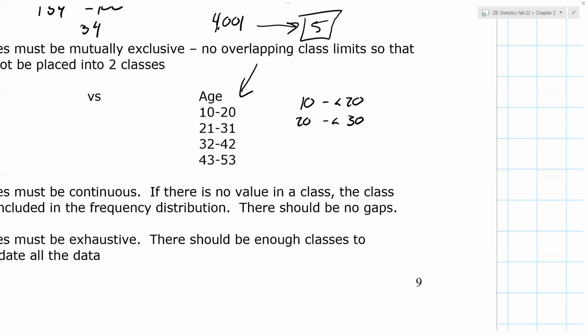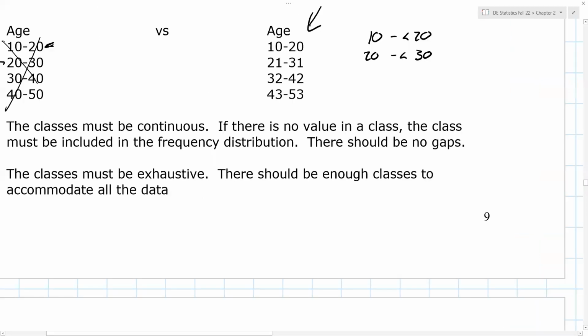Next, the classes must be continuous. Even if there's no data in a particular class, you can't skip values. So here we start at 10 and go all the way up to 53, and every possible age is incorporated in those classes.